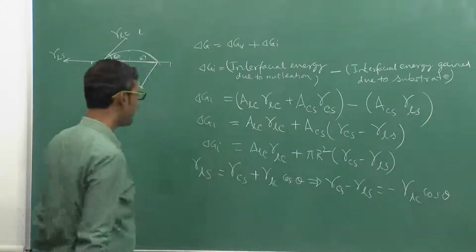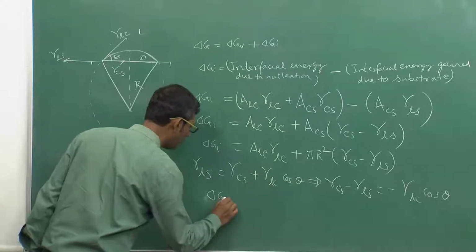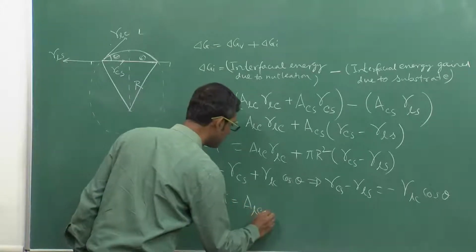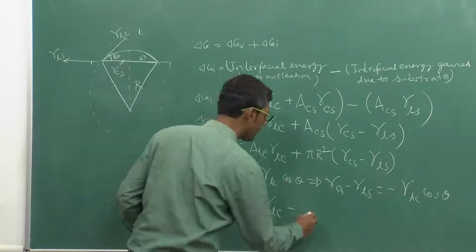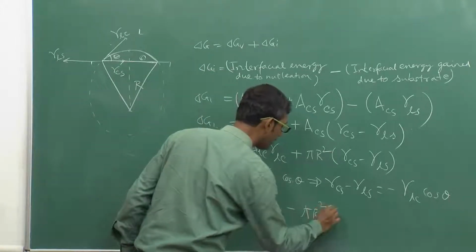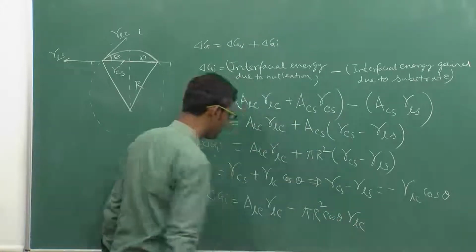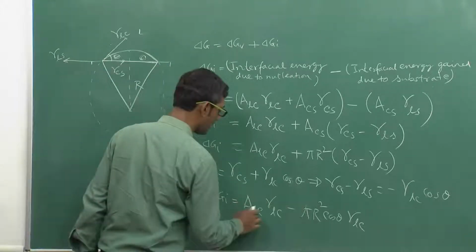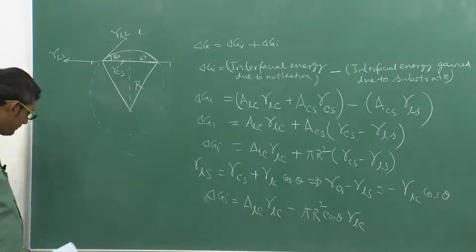If you plug that into delta G_I, it becomes A_LC gamma_LC minus pi r square cos theta gamma_LC. So that's my interfacial energy term. We will see how to calculate surface area A_LC later, so that I can easily convert it.